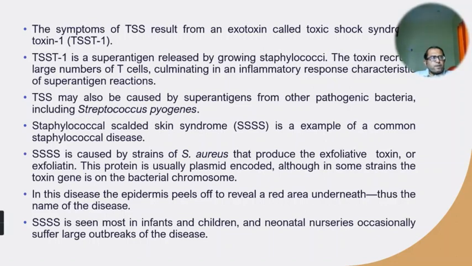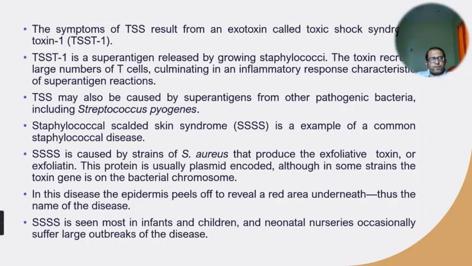Now another kind of infection caused by Staphylococcus is the staphylococcal scalded skin syndrome, a common example of staphylococcal disease. It is caused by strains of Staphylococcus aureus that produce an exfoliative toxin, or exfoliatin.